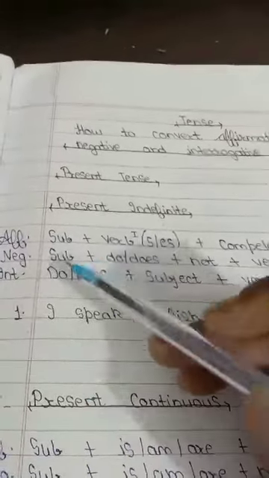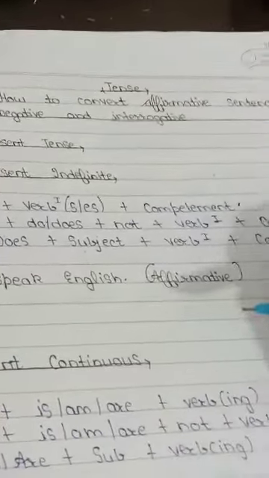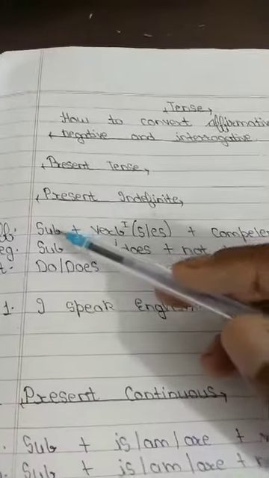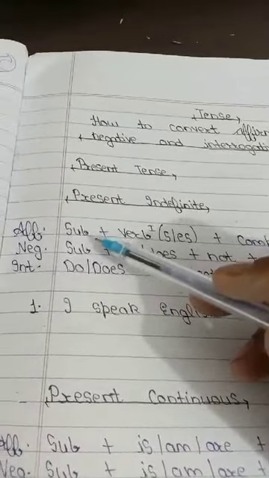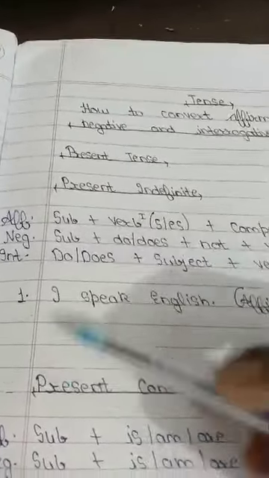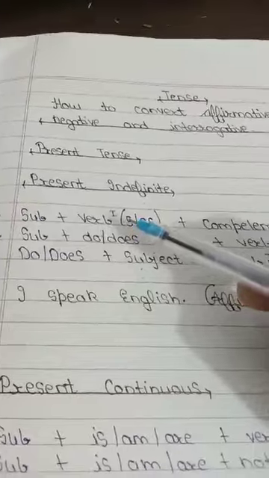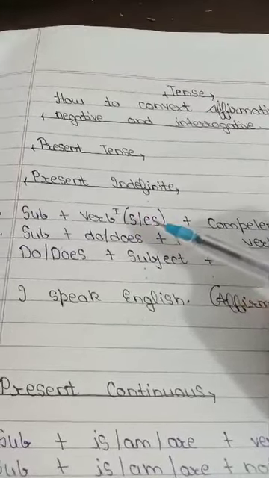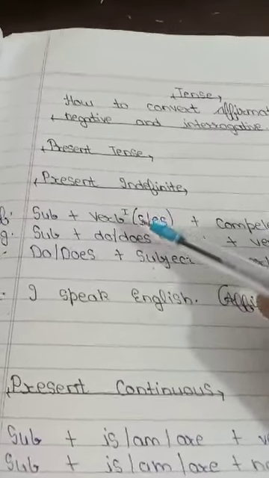So here this sentence is an affirmative sentence and first is subject. Subject is I plus verb first form and s or es.